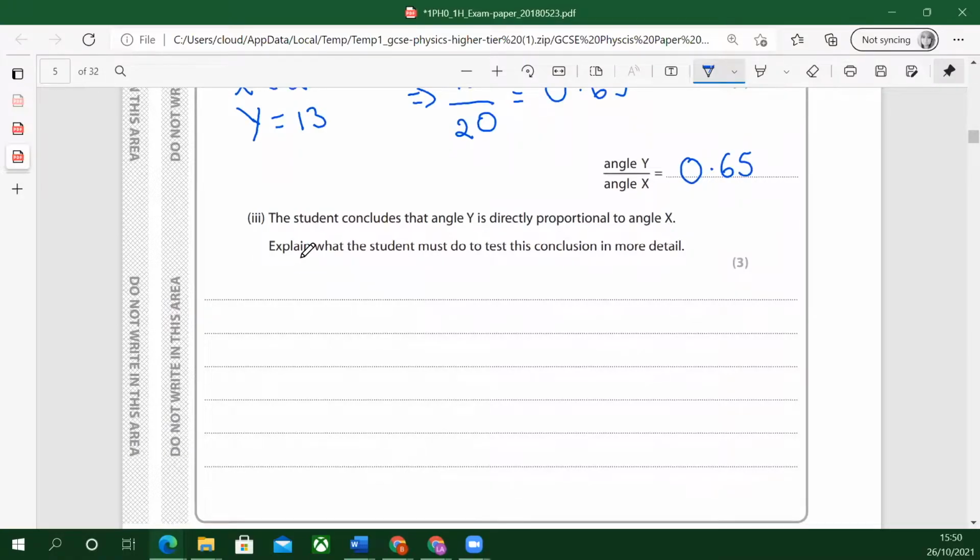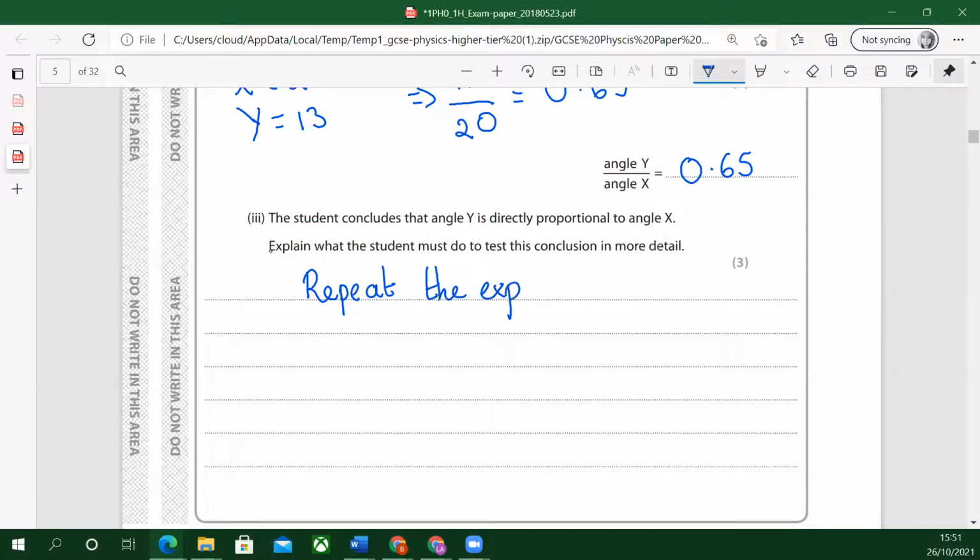Explain what the student must do to test this conclusion in more detail. This is actually a very easy question, because we didn't even need to do any science here. You just need to know about experiments. So repeat. They haven't got many results there. They've only got 2 data points. So repeat will give you 1 mark, saying that the experiment is repeated.